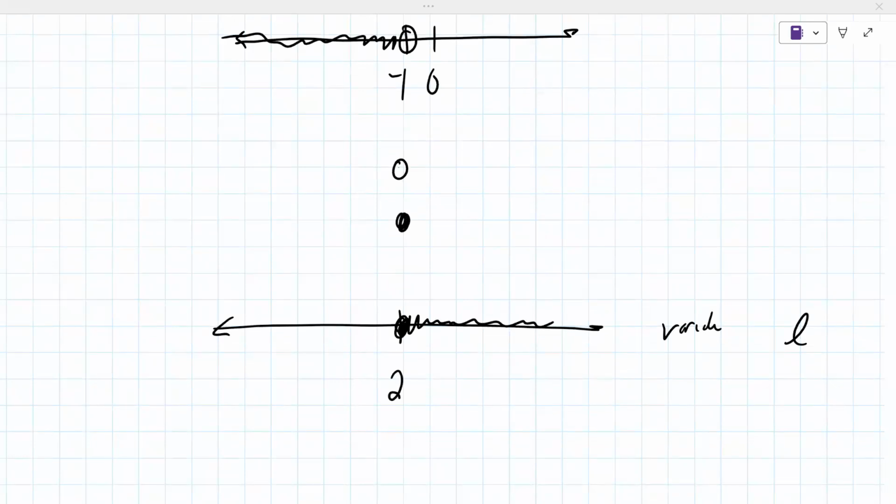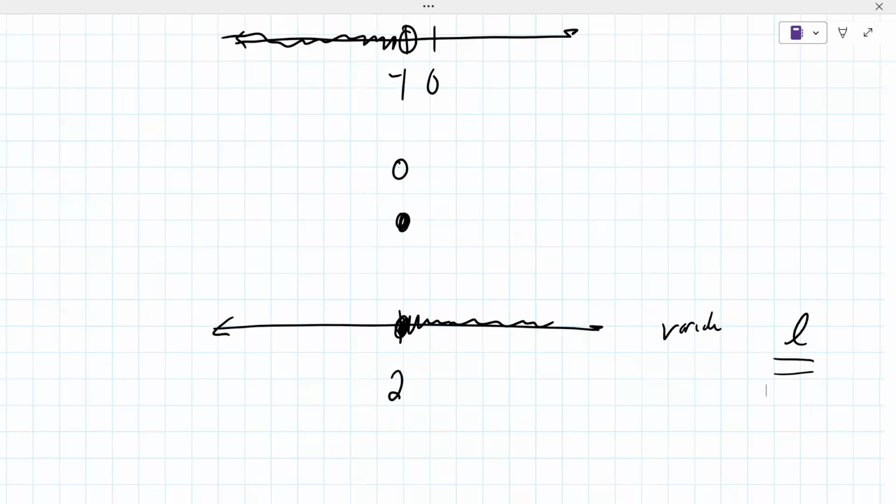X is equal to or... You've got to use the variable L. Oh. Wait, is the variable L? Yeah, L's the variable. Oh, okay.